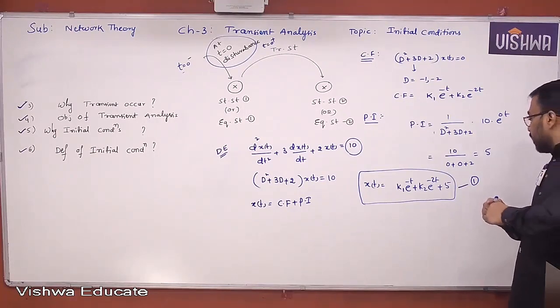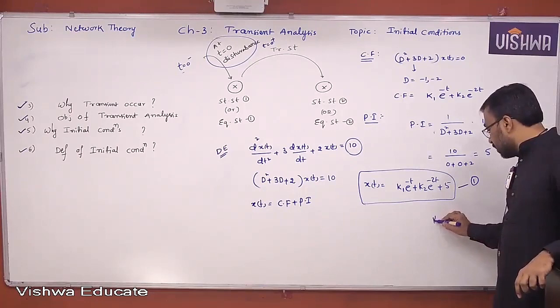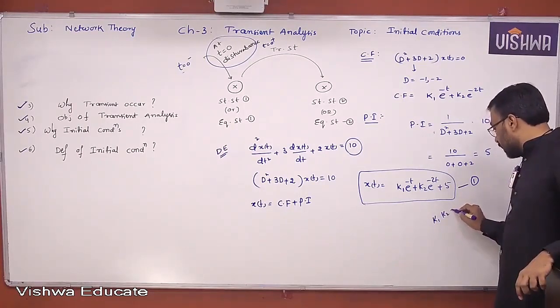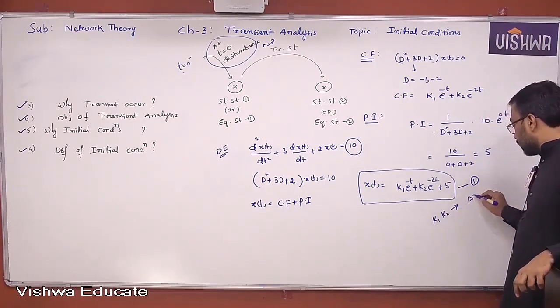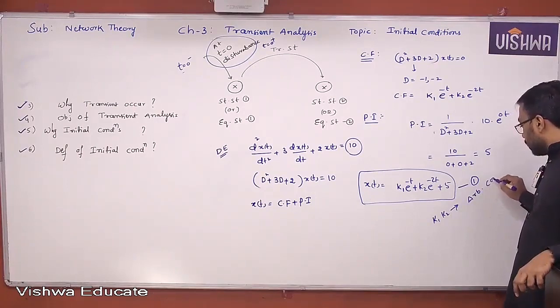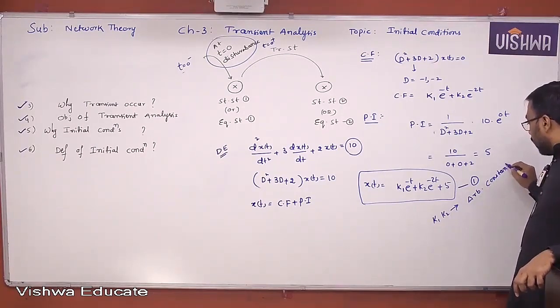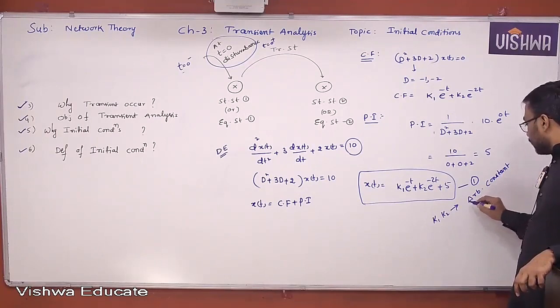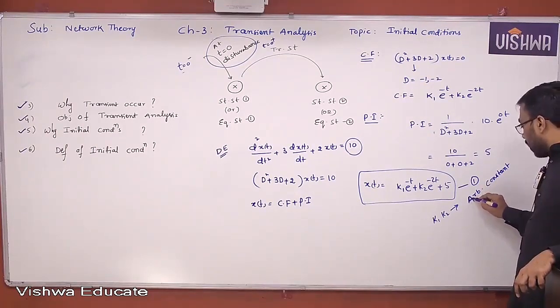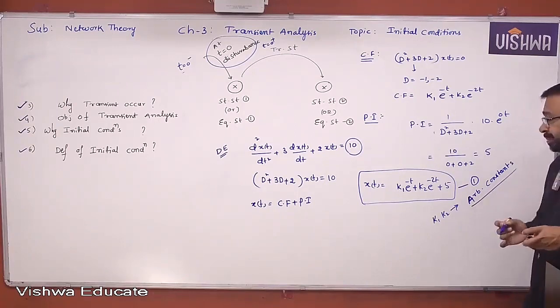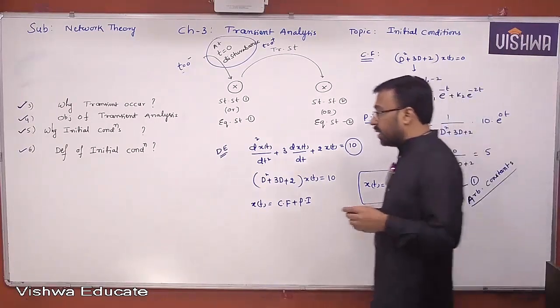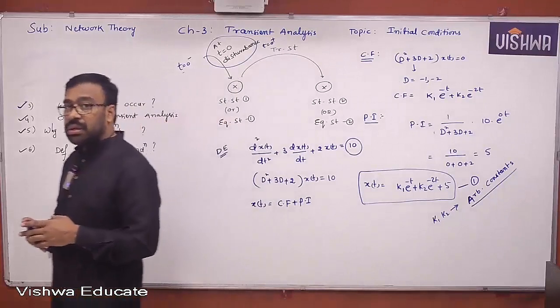Where K1, K2 are called arbitrary constants. Clear, all of you?